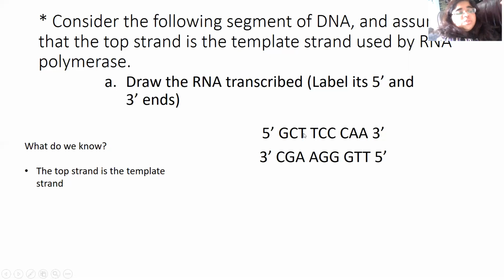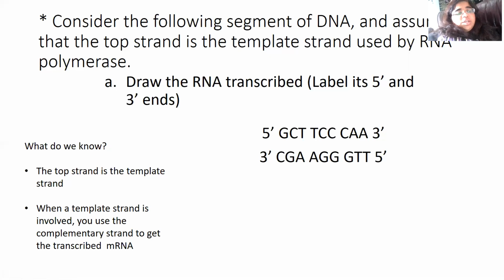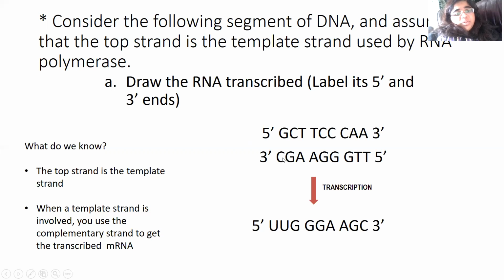When you hear template strand, you always end up using the complementary strand. So if this strand wasn't given already, you would take the complementary of that template strand, and then you would transcribe it by taking that complementary strand and changing the T's to the U's.